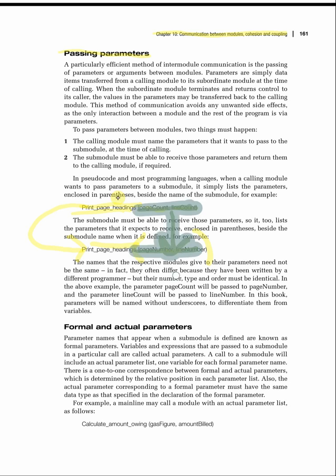If I do not have 2 and 2, that is not going to be communicating between modules, and that's not going to be what we expect. So here, you'll notice that inside of my called module, print page headings, I'm going to receive 2 variables. But this time, I'm going to call my first variable page number and my second variable line number.